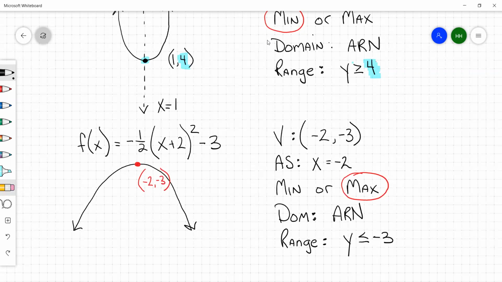All right, here's your vertex. The graph goes down. Its y values, since the graph goes down, are going to be less than or equal to whatever the y value is at the vertex.